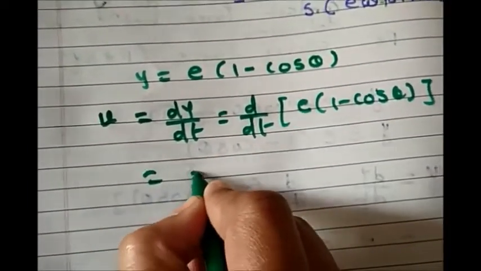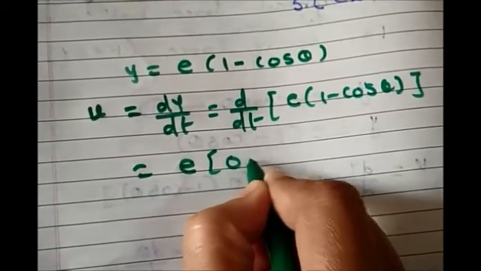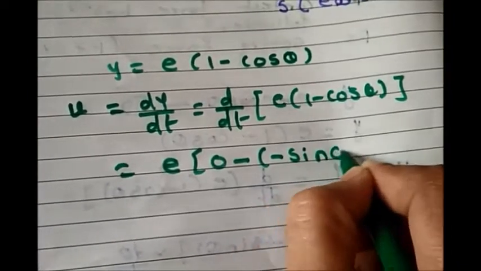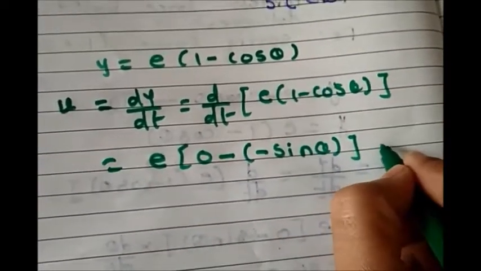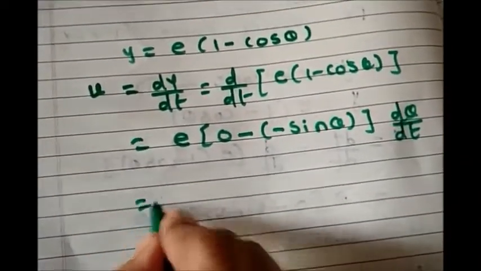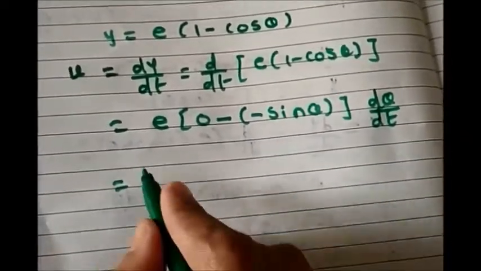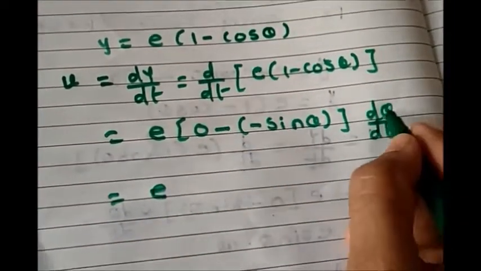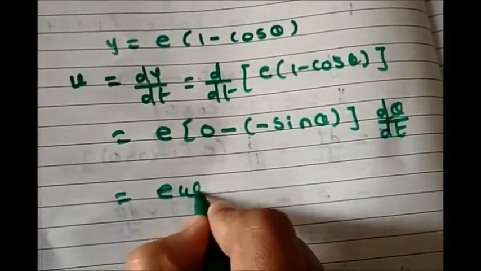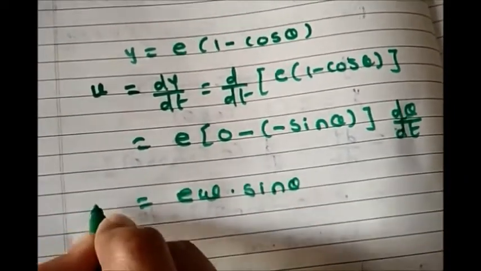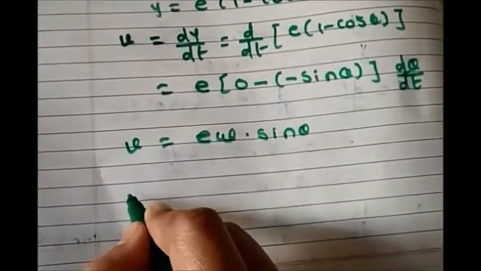The derivative of this, 0 minus cos theta, is minus sin theta, bracket close, and for theta it is d theta by dt, because theta is the cam rotation angle at an instant. So now it becomes E, and this d theta by dt is nothing but omega, into sin theta. So this is the velocity of the follower.